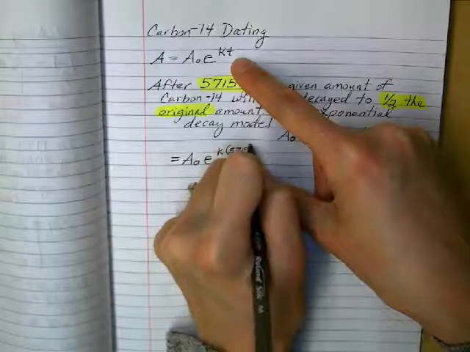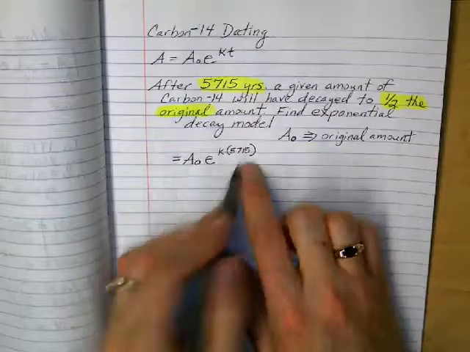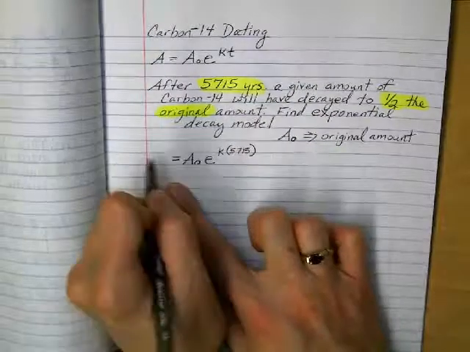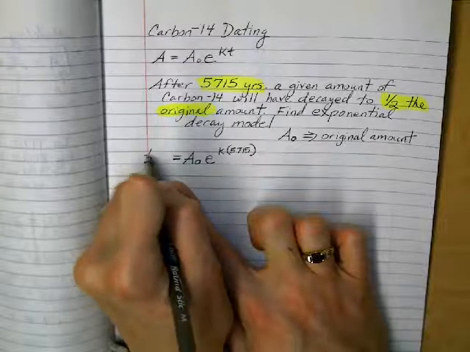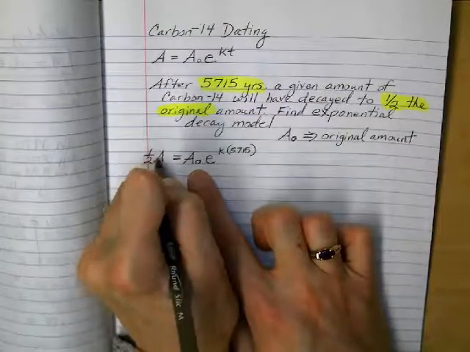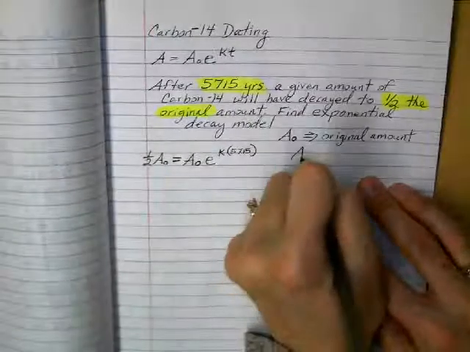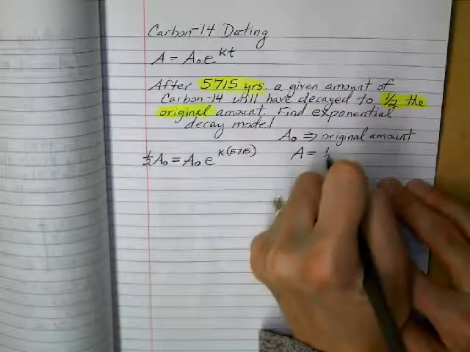This time they're trying to tell you it's going to equal half of whatever you started with. Half of the original, so you have to put 1/2 A sub 0 for A. So it's kind of weird.